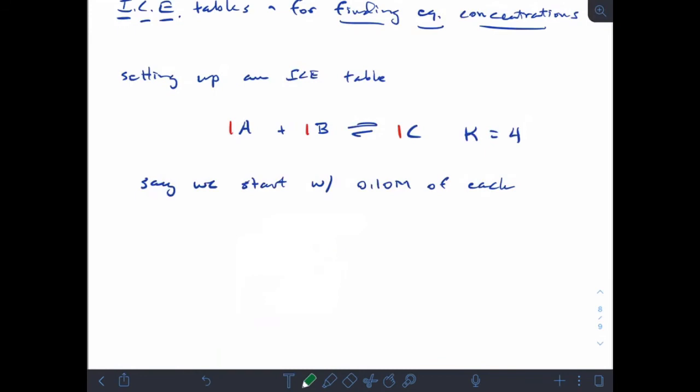So we want to decide which direction the reaction goes, right? If I start with only reactants, it only goes right. If I start with only products, it only goes left. But if I start with some of each, I need Q. Okay, so my Q expression, everything's 1, so I'll have C divided by A and B. I'm going to plug in 0.1 for all of them.